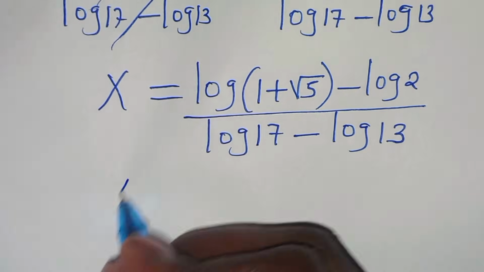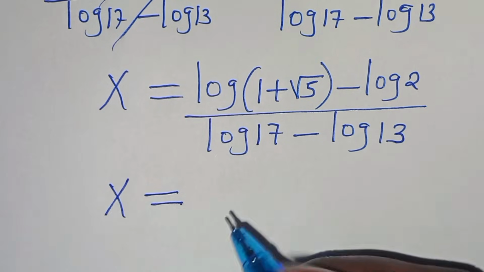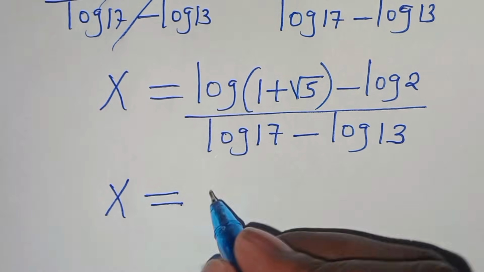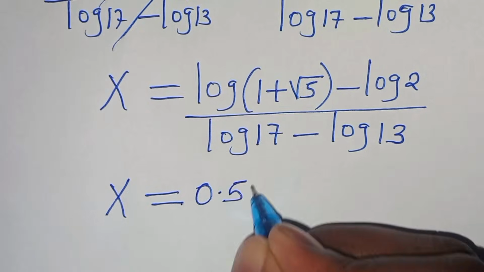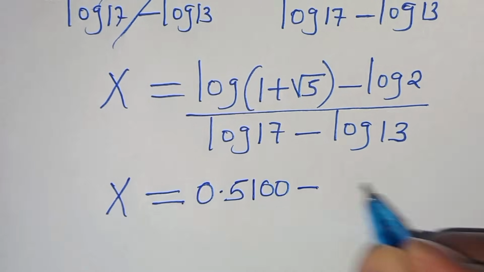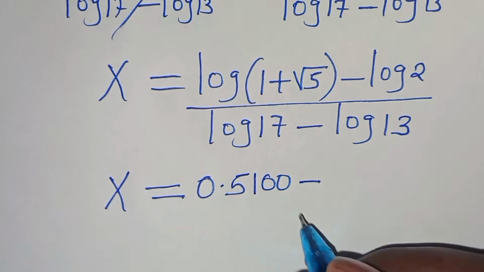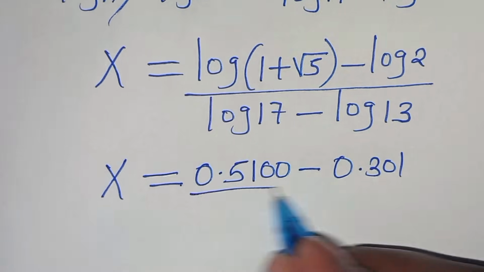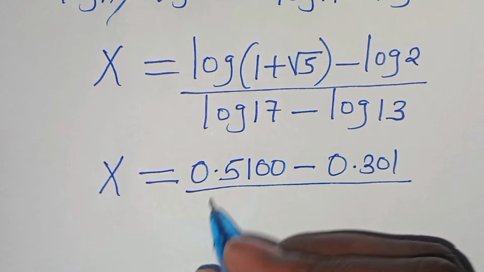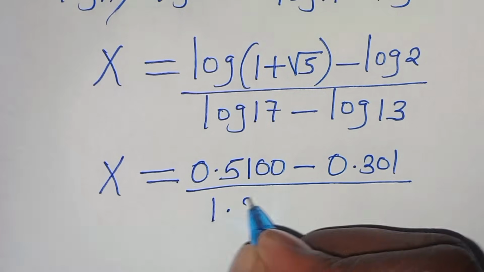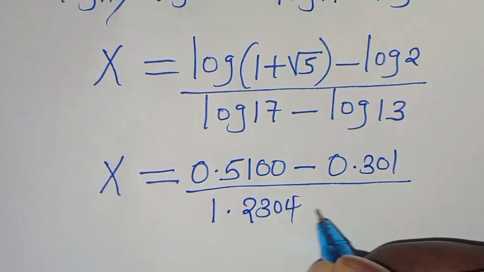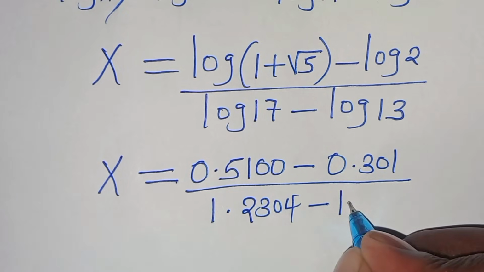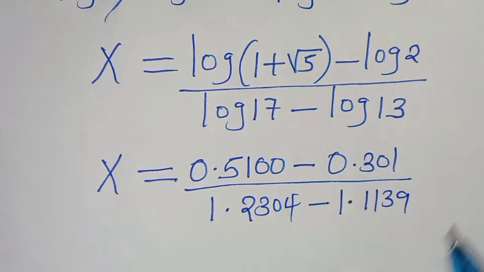So this means that x is equal to log of 1 plus square root of 5. This is the same thing as 0.5100 subtract log 2. This is the same thing as 0.301 divided by log 17, which is 1.2304 subtract log 13, which is 1.1139.